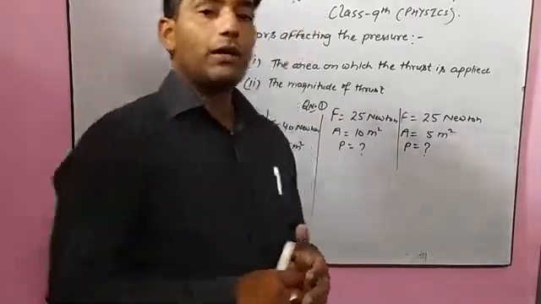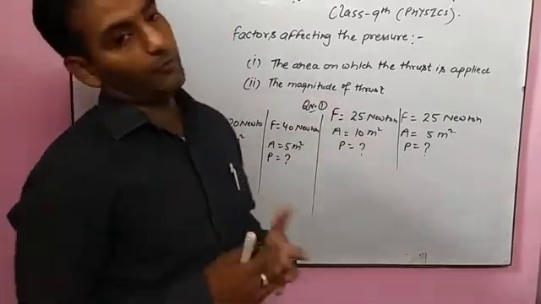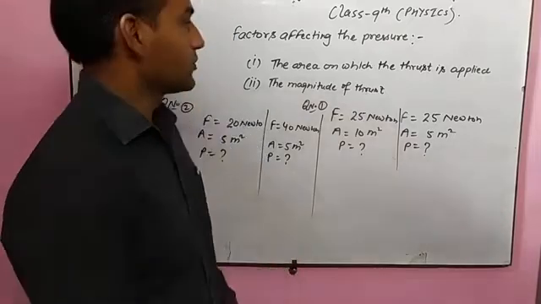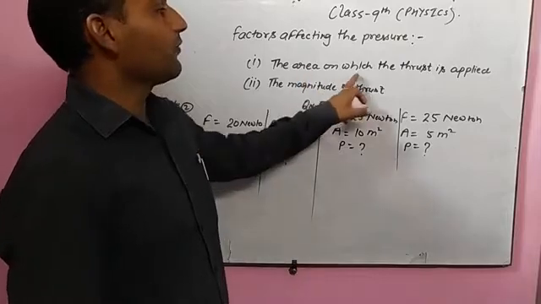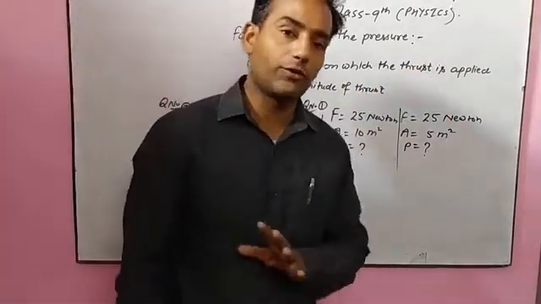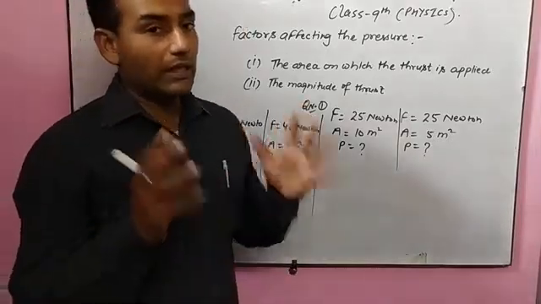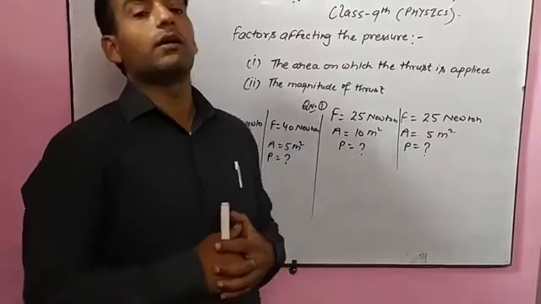So now today, we will discuss what factors affect the pressure. The first factor is the area on which the thrust is applied. Listen carefully: how much area is covered by the object on which the thrust is being given.